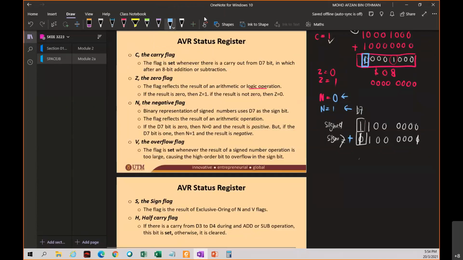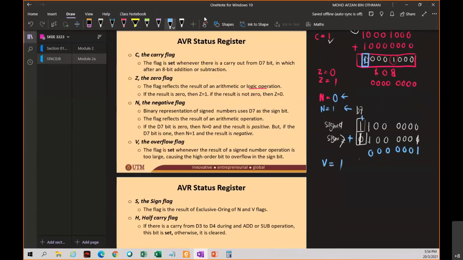When you add these two numbers, you get 1. Then 1 plus 1, you get 0, and the carry goes into bit 7, which is your sign bit. So what happens is V automatically equals 1.